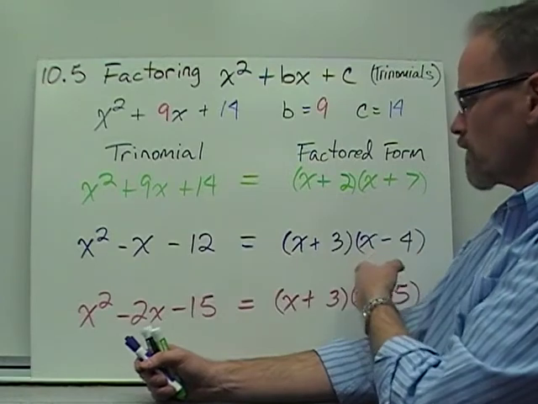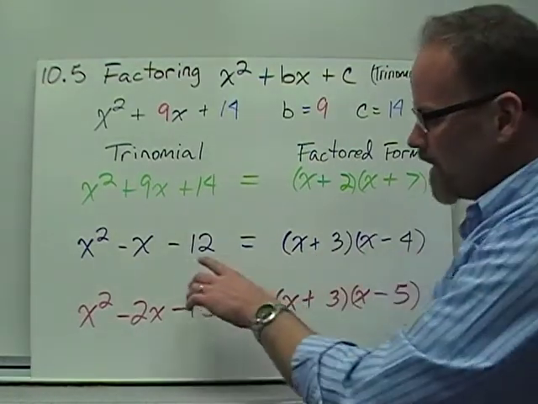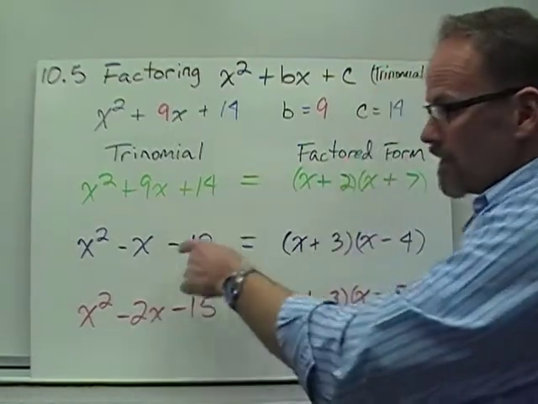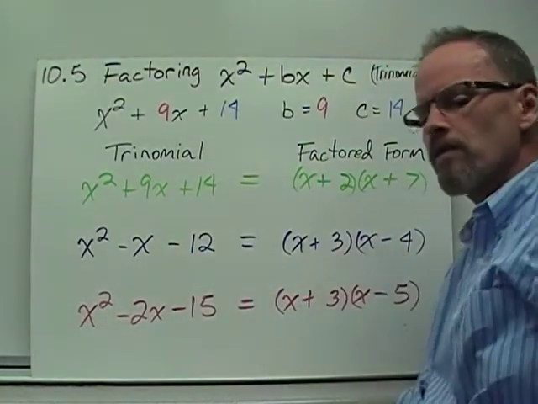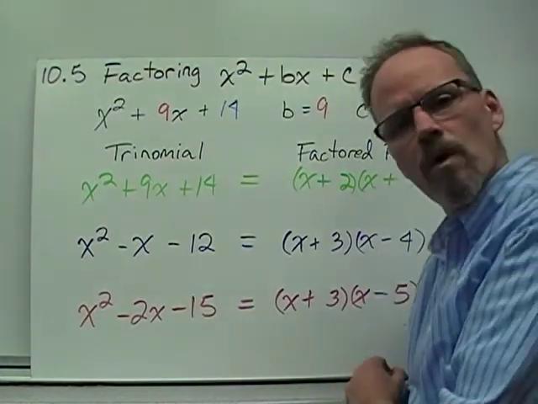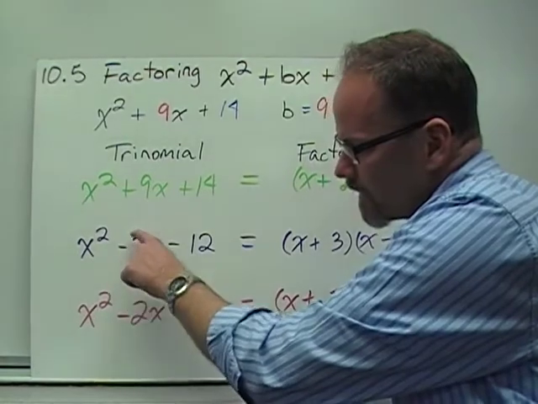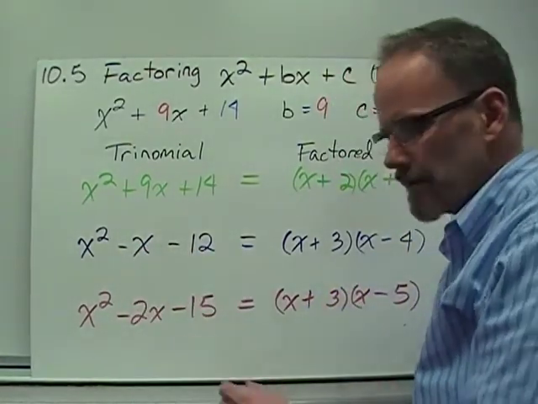Oh yeah, 3 and 4. In fact, a positive 3 times a negative 4 would be a negative 12. That would actually work. And if I were to add positive 3 and negative 4, I would have a negative 1 left over. And if you look right here, negative 1x. So maybe some of it's starting to sink in a little bit.